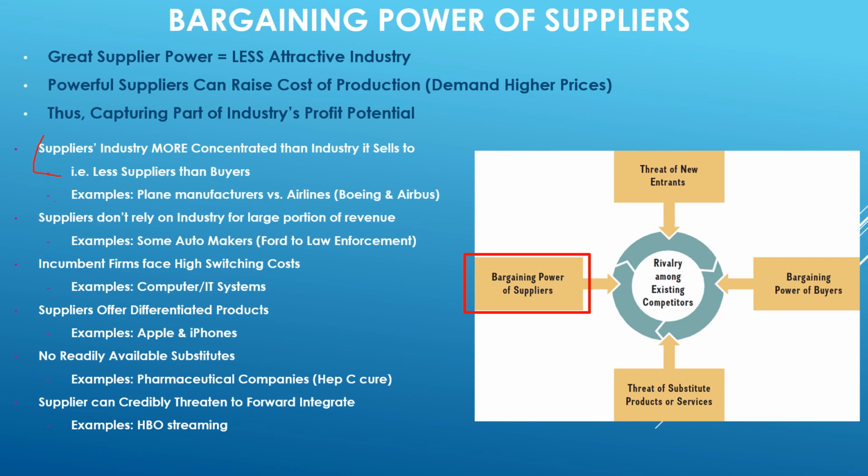Or when the suppliers don't rely on the industry for a large portion of revenue. A great example is some automakers, for example, Ford sells a large portion of their cars to law enforcement. And there are some other examples, all of which are discussed.